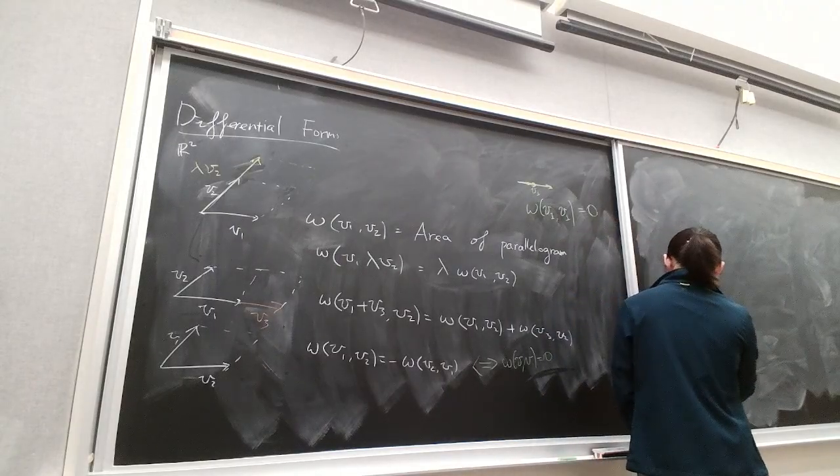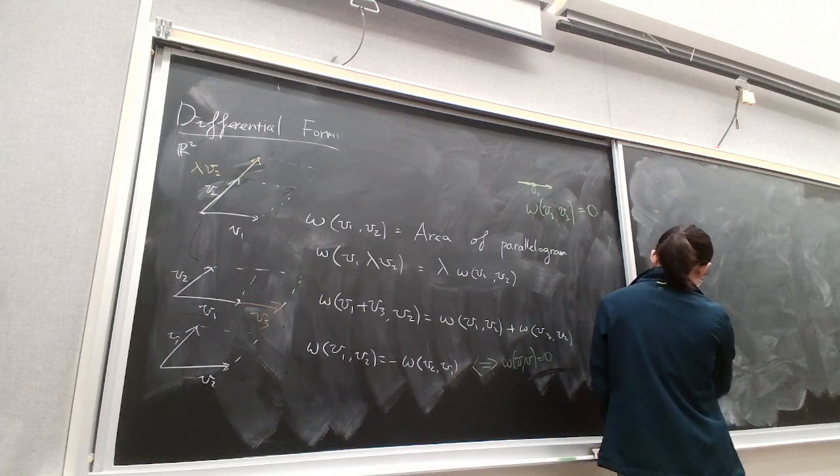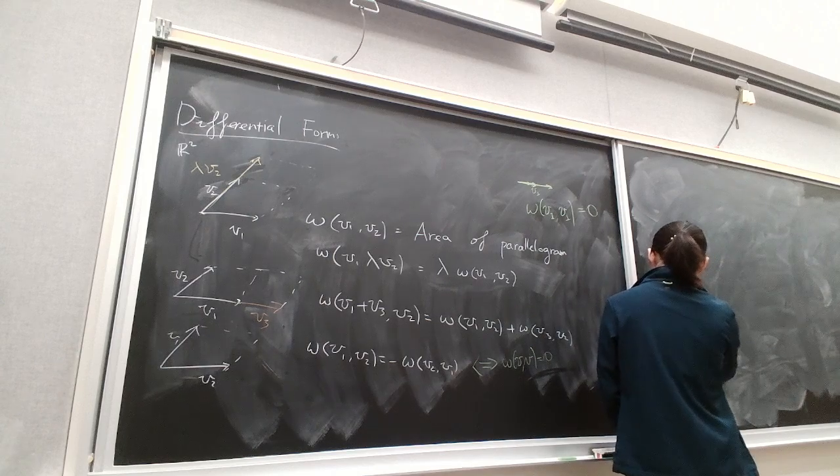Let's say we have V1, this is V2, and this is V3.